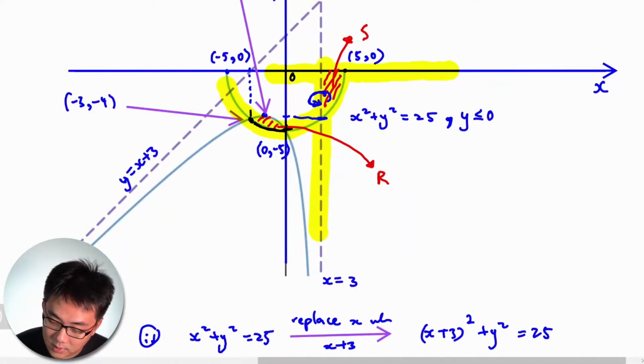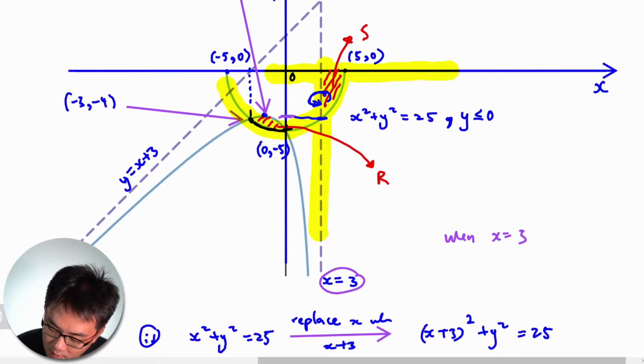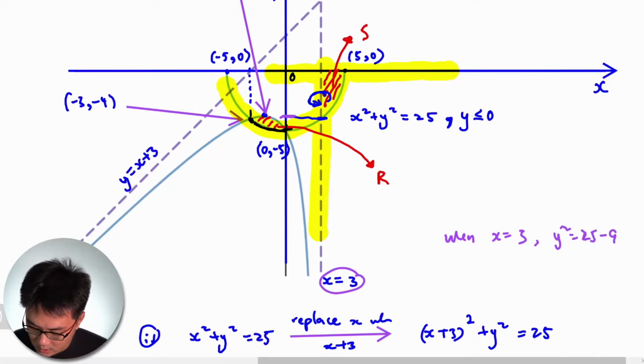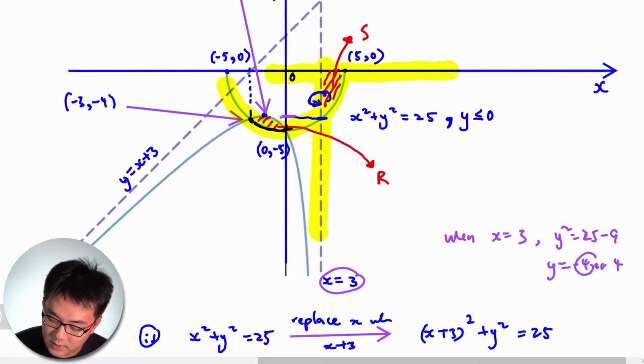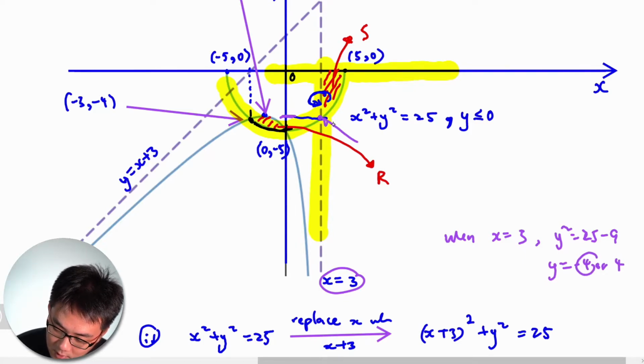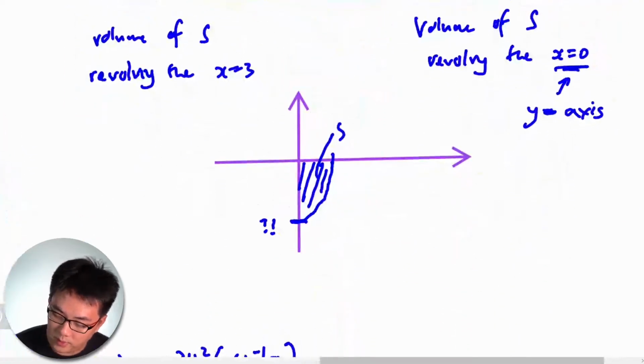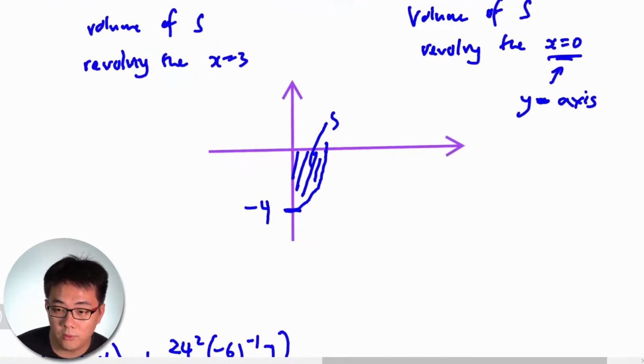When x equals 3, y squared equals 25 minus 9, which is 16, so y equals negative 4 or 4, but it's obviously negative 4. Here is (3, negative 4). So just take note.